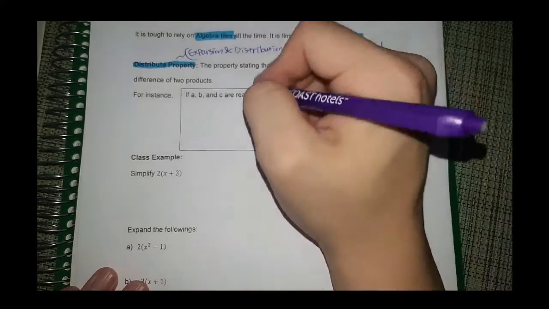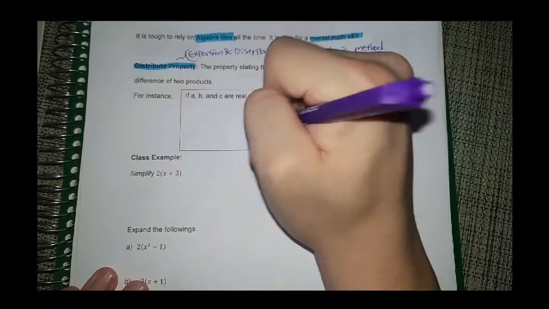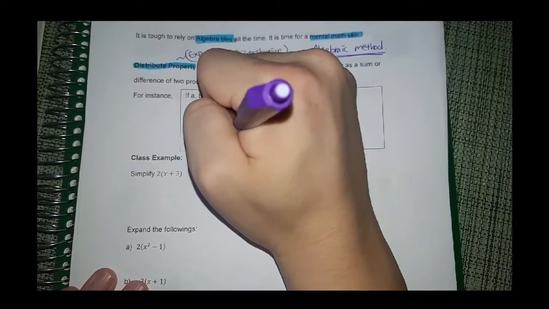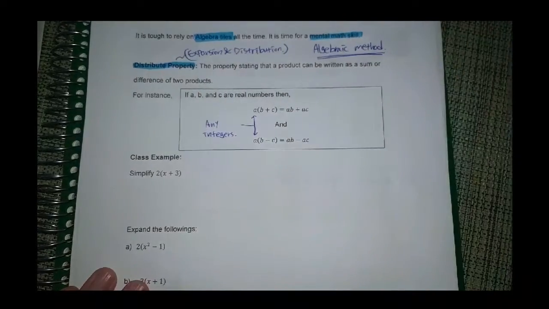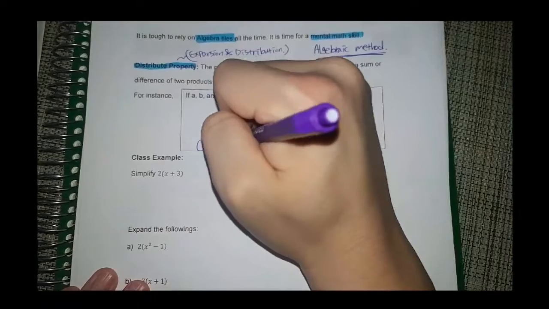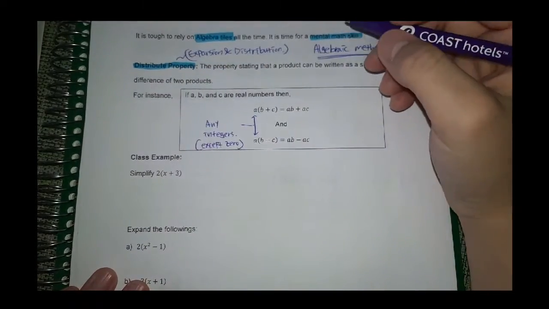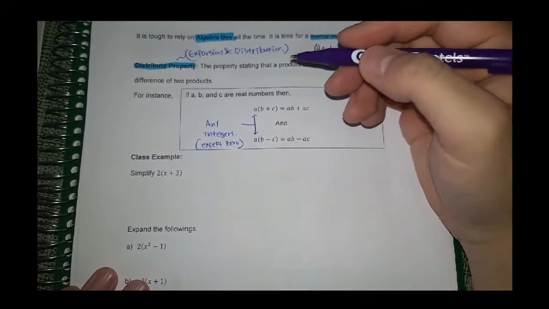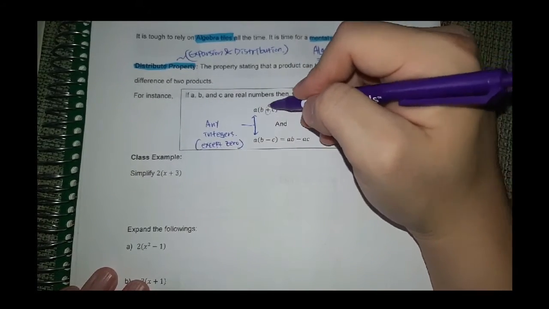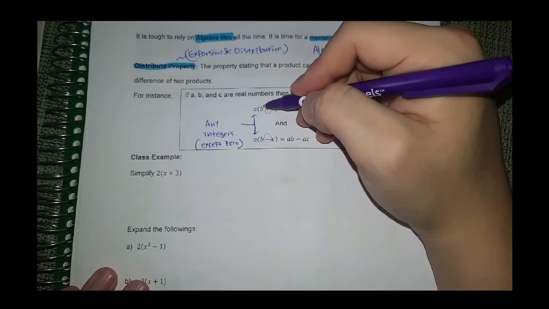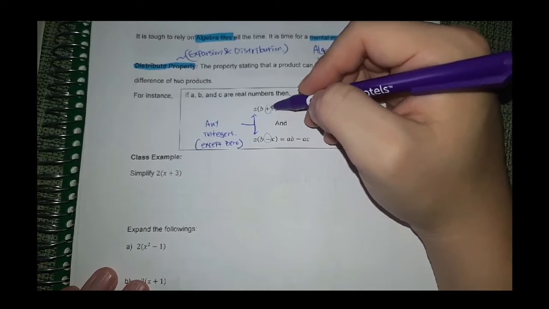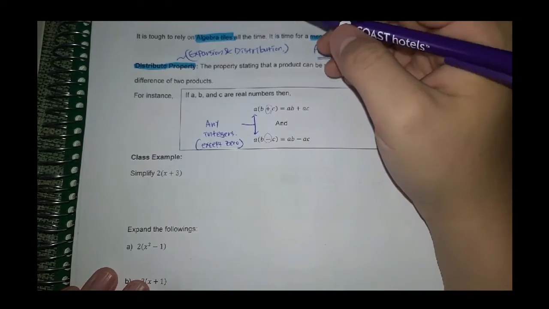So think about any type of integers other than zero, even though 0 works too, but not a lot of people multiply by 0. A, and then a bracket where you have either adding or subtracting, which is a binomial in this case, because adding and subtracting separate the group over here.